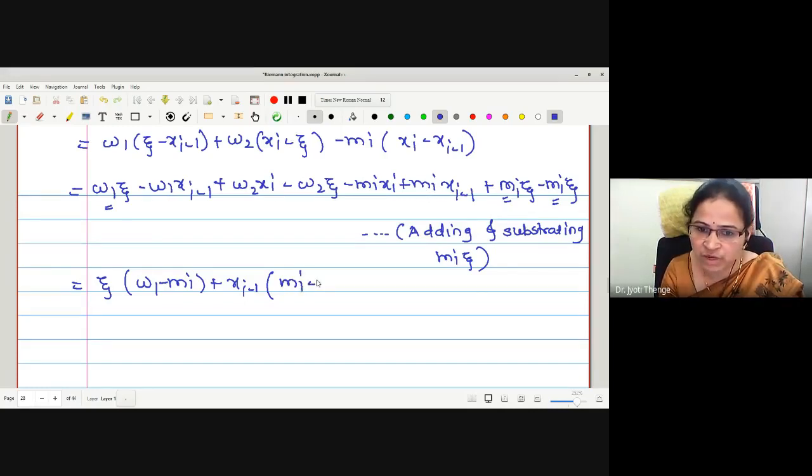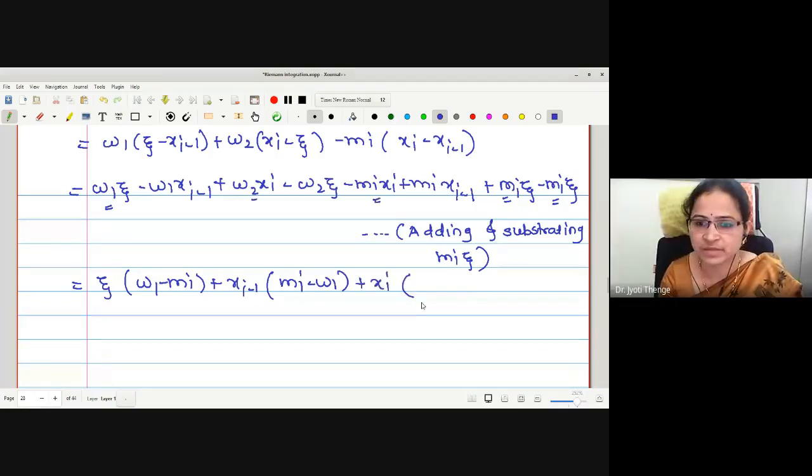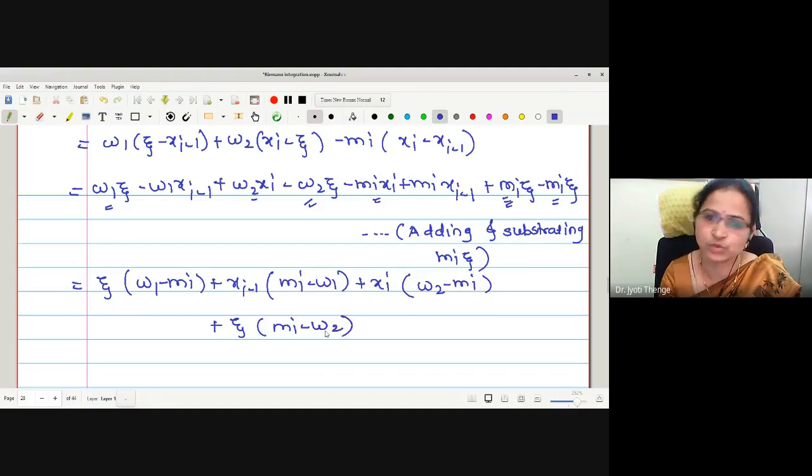Therefore, this is Mi minus W1. Right now? W2 minus Mi. Now one more term is remaining. 6 terms we have collected. We have now 8 terms. And what is left with us? This one and this one is left. Therefore, this is Mi minus W2. Right?